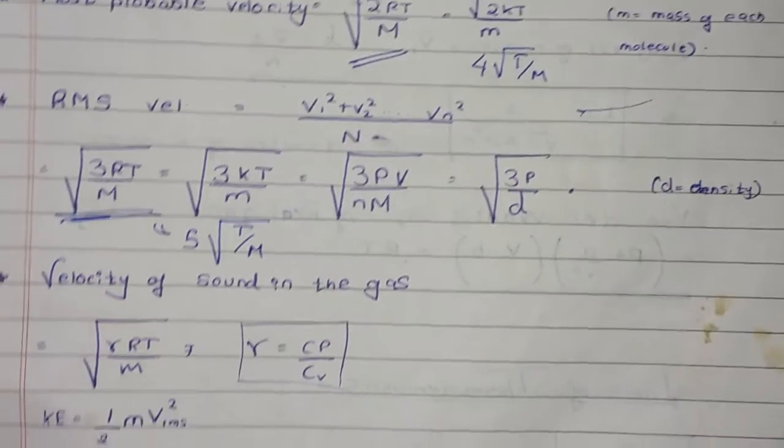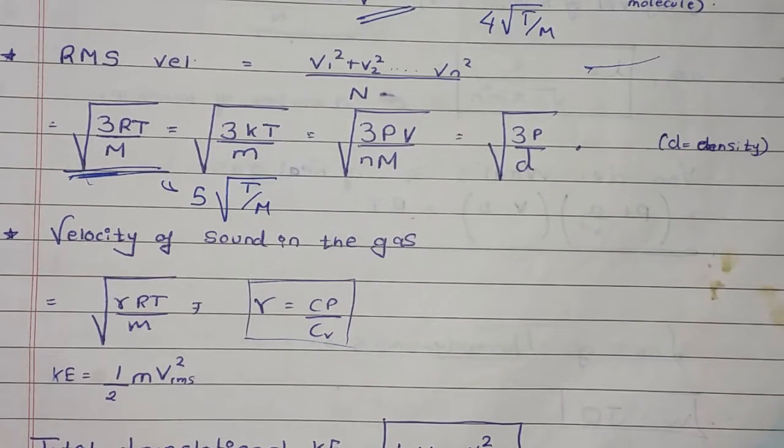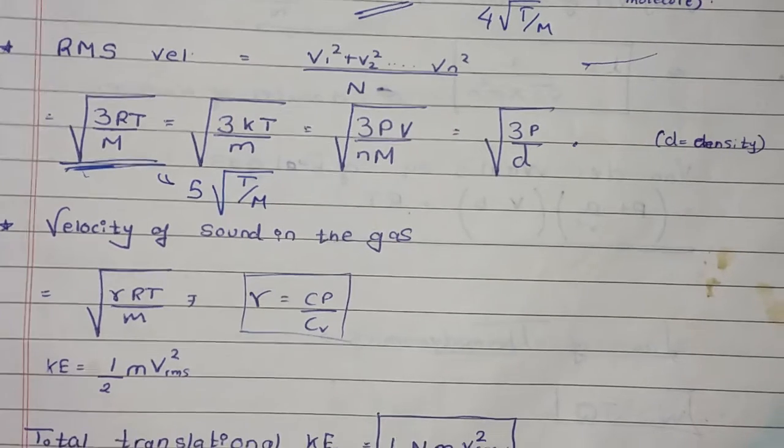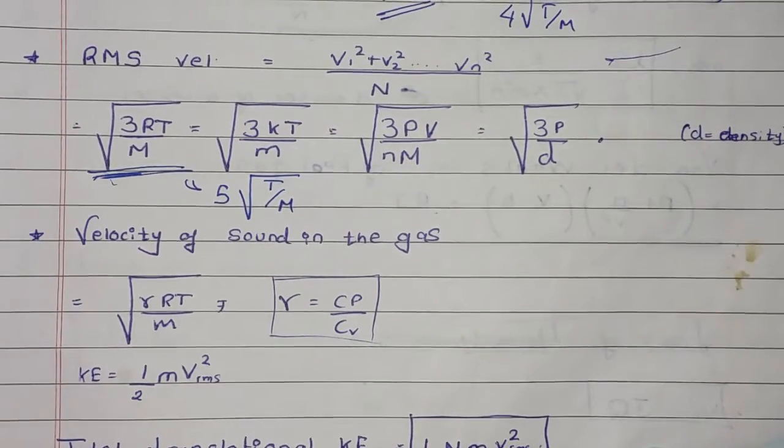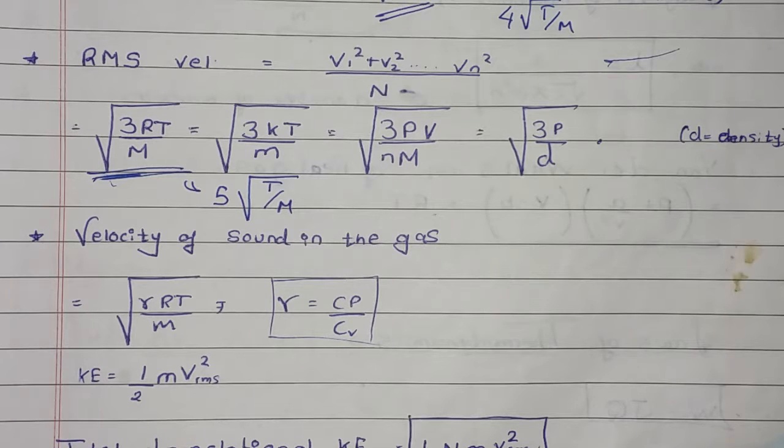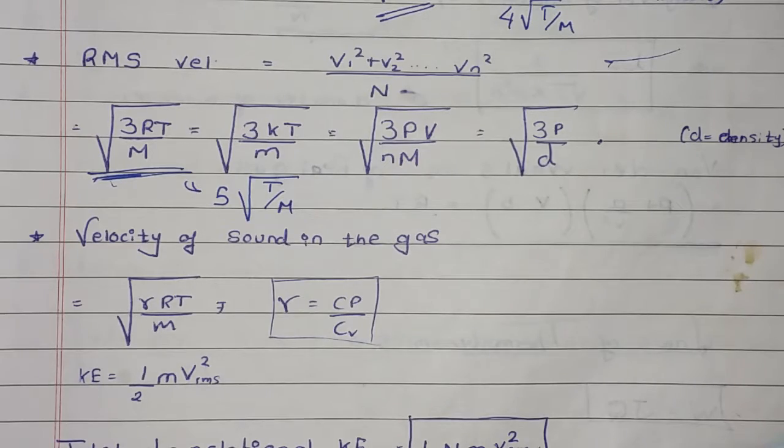Now the velocity of sound in the gas is under root of gamma RT upon m. I will explain it better in the chapter on waves and sound. For now, just gamma RT upon m, where gamma equals Cp upon Cv. I'll tell you afterwards what this is. KE equals half mv square.